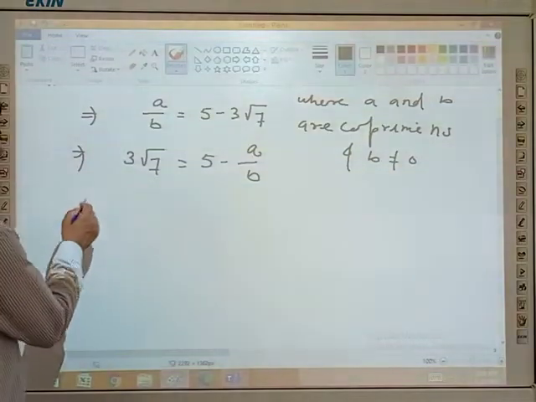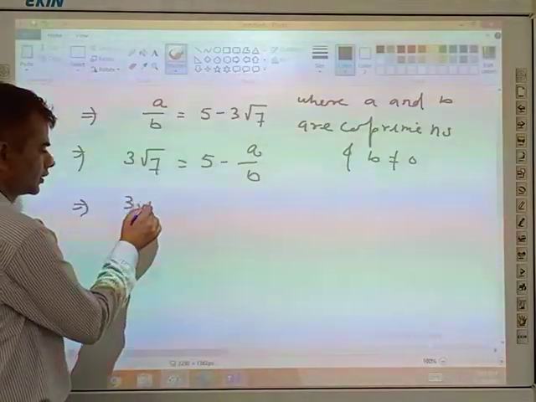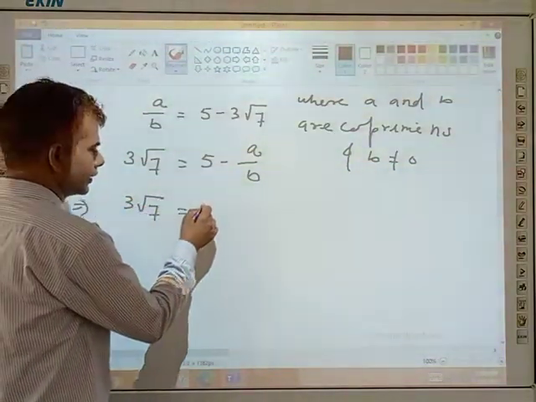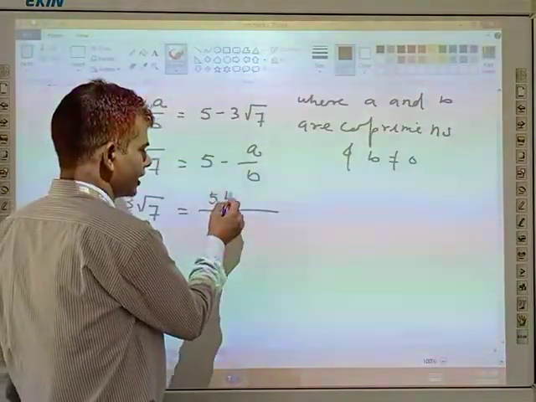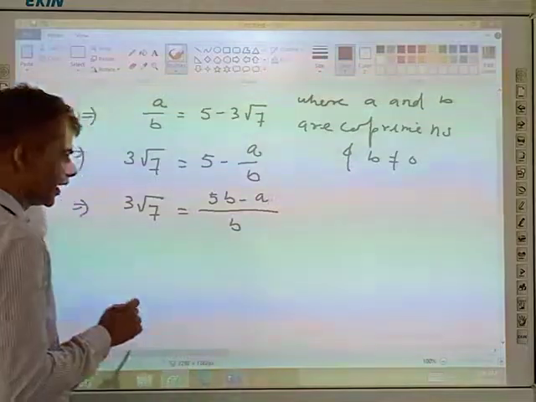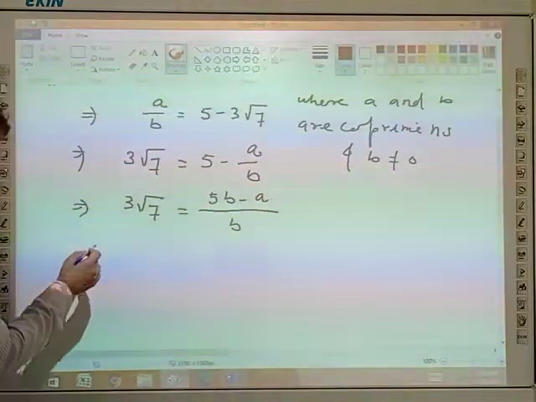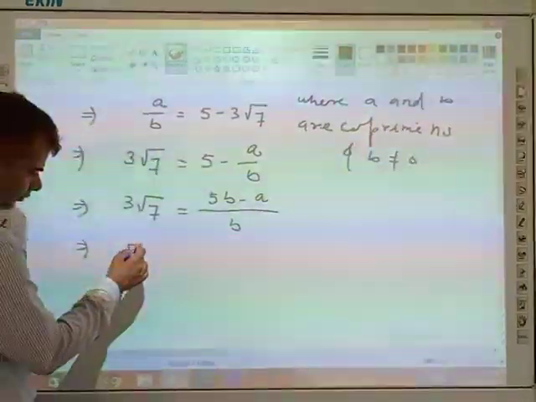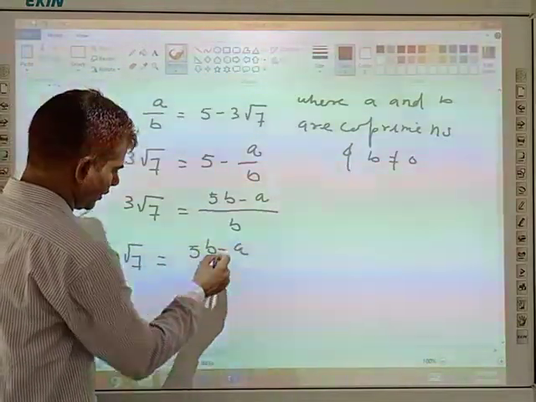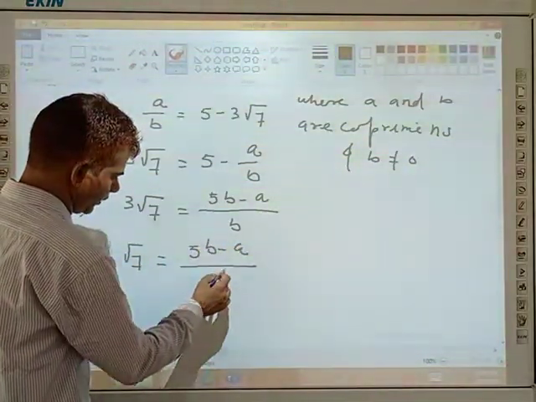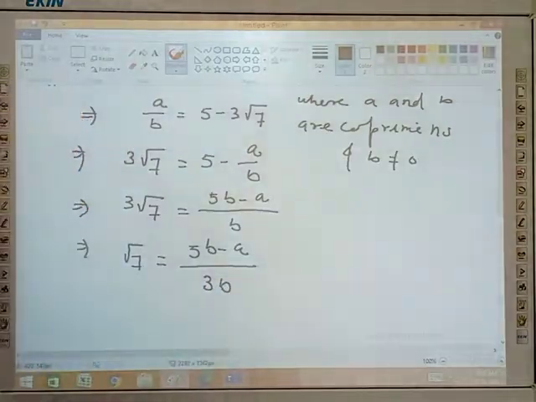Now students will take the LCM, that is b: 5b minus a. Now root 7 is equal to 5b minus a by 3, that is, 5b minus a by 3b.